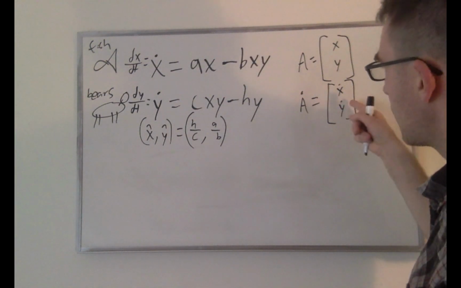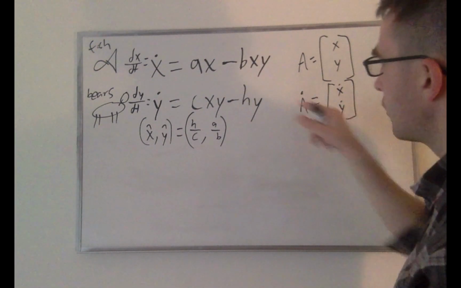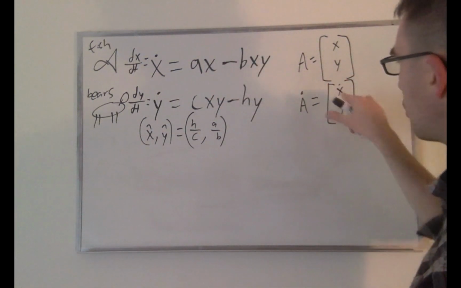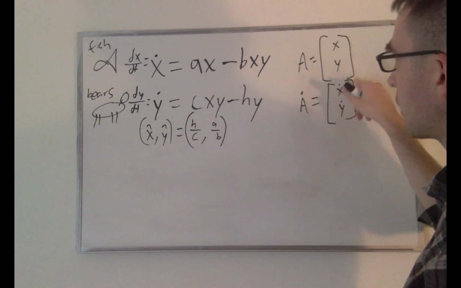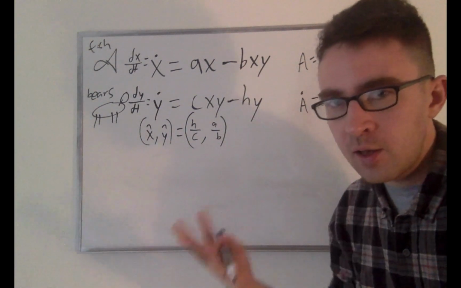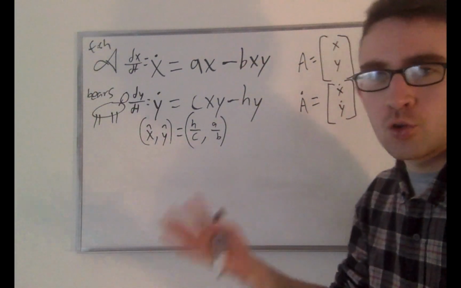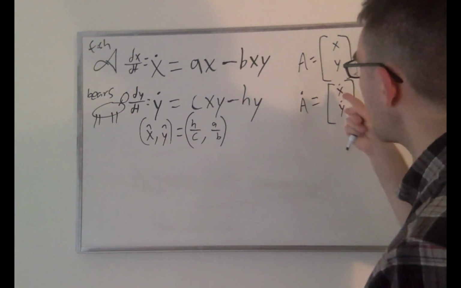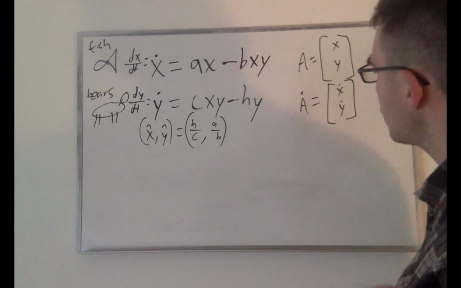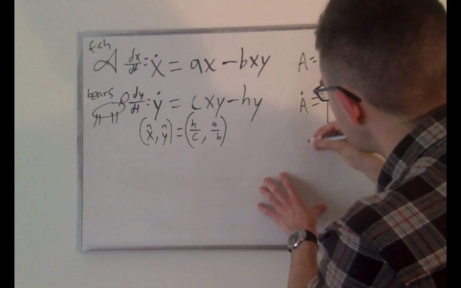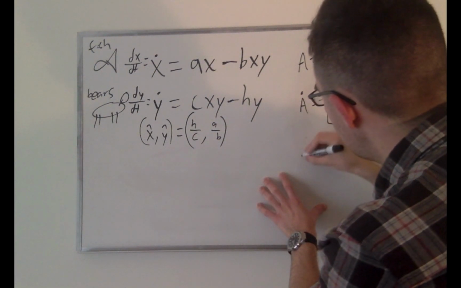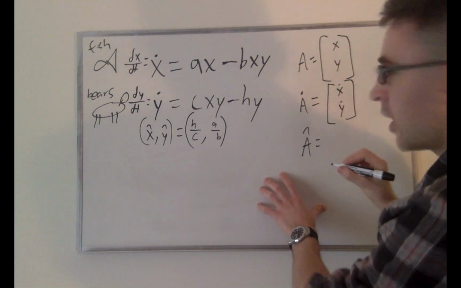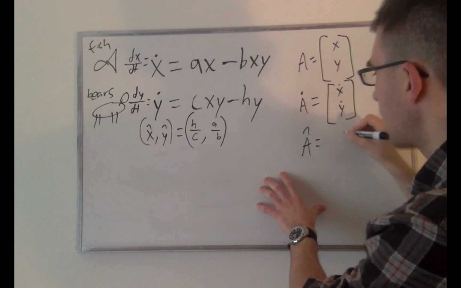So it's just our equation for the differential equation here. These are our differential equations. If we want, we could even plug the entire equation in there instead of writing x dot. So if you ever get confused, you can always reason back to things making sense by plugging in the whole equation if you have to. And then the next one is going to be A hat, which is our equilibrium point that we're linearizing around.